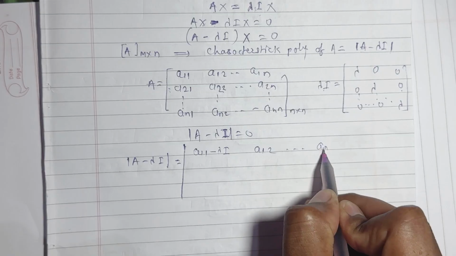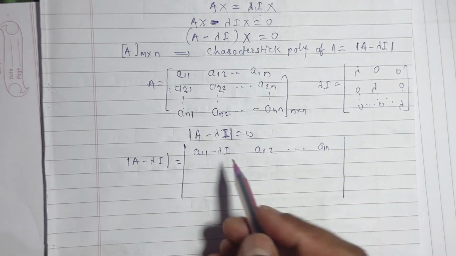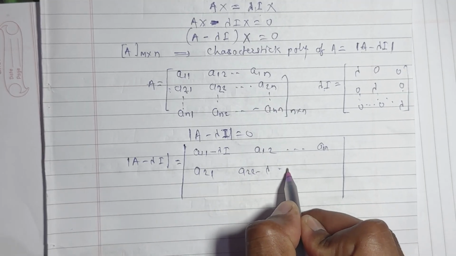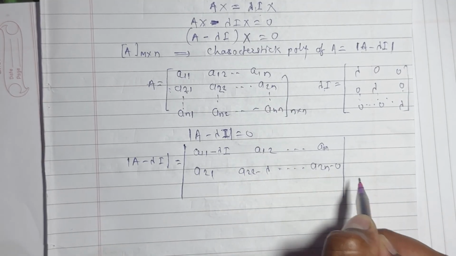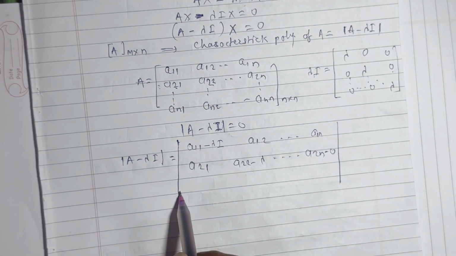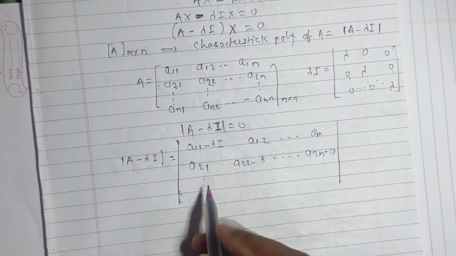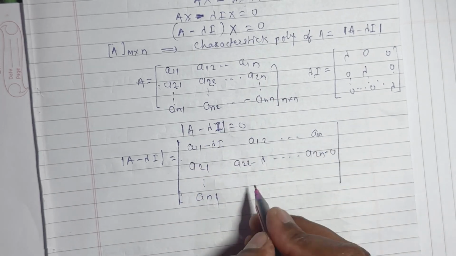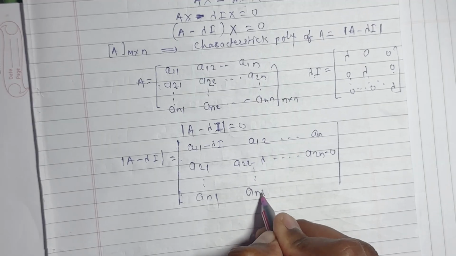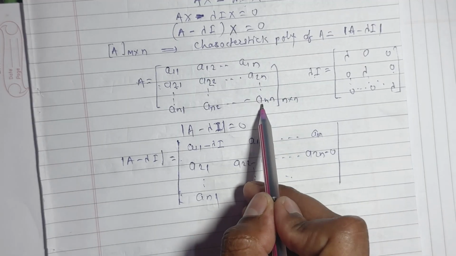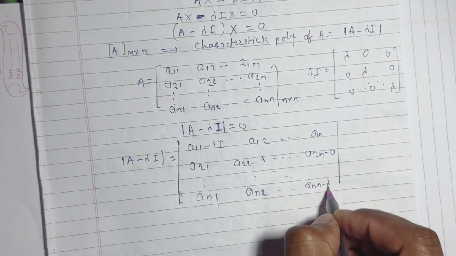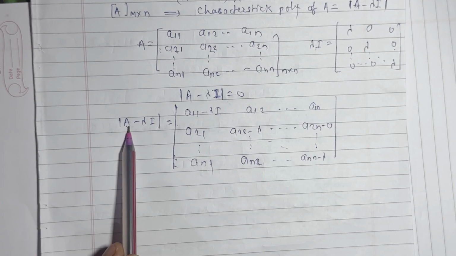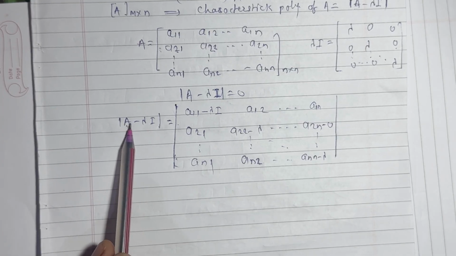Then a21 minus 0, a21, a22 minus λ, up to a2n minus 0, that means a2n only. Up to the last row: an1 minus 0, an1, an2 minus 0, an2, and up to ann minus λ. This one is our characteristic polynomial.